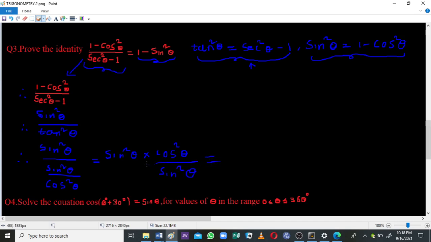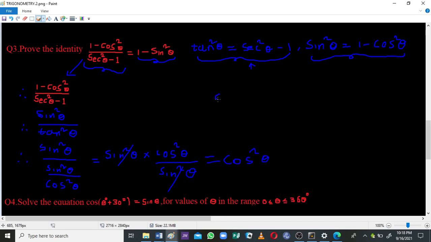Now look at this. You can apply the cancellation rule. Sine squared and sine squared go, and you're going to remain with cos squared theta, right? But what is cos squared theta?